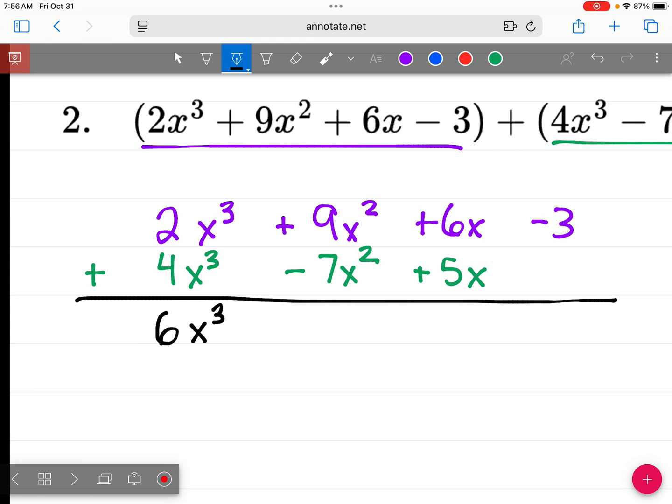Then we have our 9x squared minus 7x squared. Well, 9 trees take away 7 trees, and we get 2x squared, 2 apple trees. And then I've got 6x plus 5x. That's a positive 11x. And then negative 3 plus nothing.